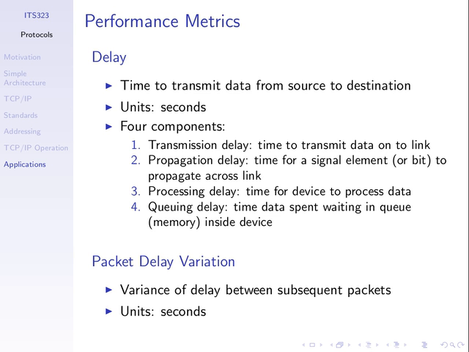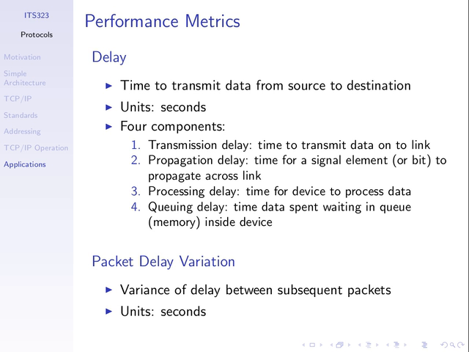A quick example, that one's in the handouts, but it illustrates 3 of the main components of delay. Transmission depends upon the data rate and the size of the data. Propagation depends upon the physical distance and the speed at which signals are sent, usually the speed of light, or in practice, a little bit less.